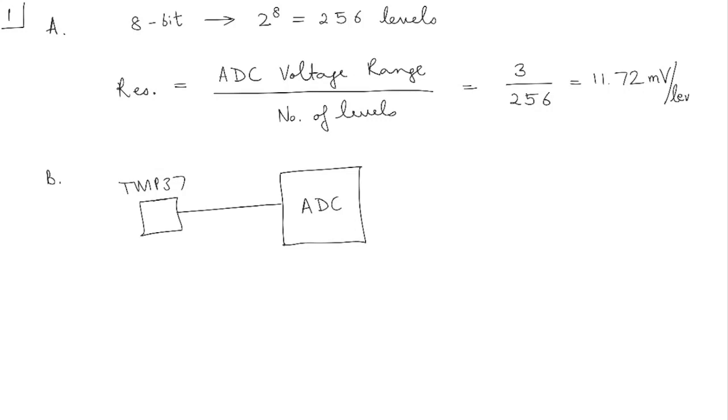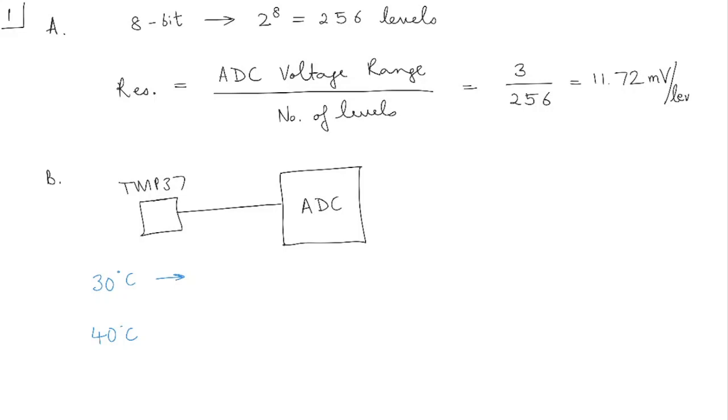Now we'll have to think about what is the range of temperatures that the sensor is going to record, and we've been told that in the question. The range of temperatures that the TMP37 can measure is 30 degrees Celsius to 40 degrees Celsius. What's the voltage corresponding to that? It is given in the question. The equation is 20 times T, where T is in degrees Celsius.